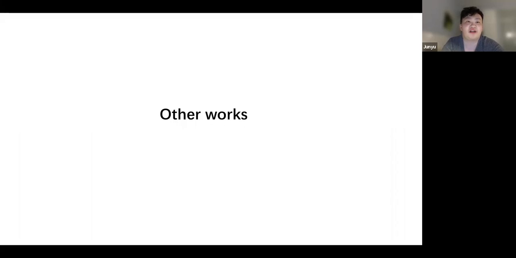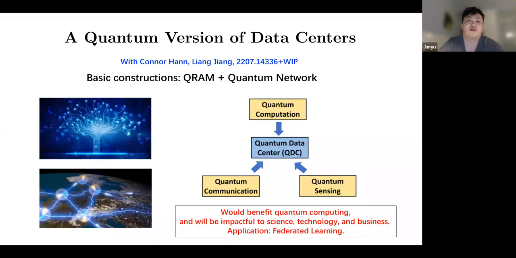I have some other related works that I still have a little time to mention. We have a work along similar lines, the so-called quantum data center, which is a combination of the QRAM, the quantum memory as mentioned, together with quantum network. It's something I have in mind about understanding how quantum computing and quantum technology could help data science.